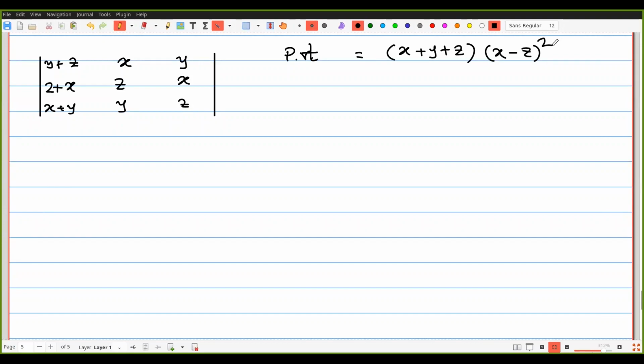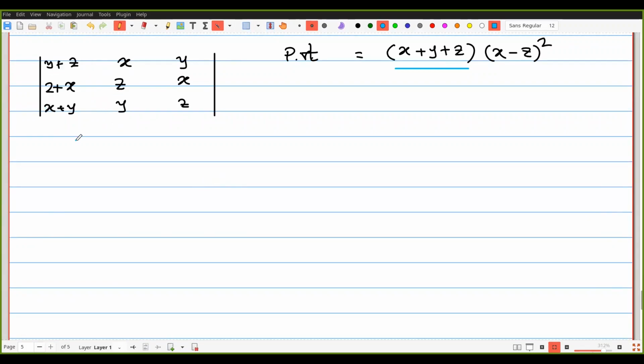Because after decomposition x, y, z would all be in a different format, and moreover we are diverging from our problem. So at first we have to think what has been given according to our answer, that is x plus y plus z. So we have to proceed up to x plus y plus z. Then what can we do?